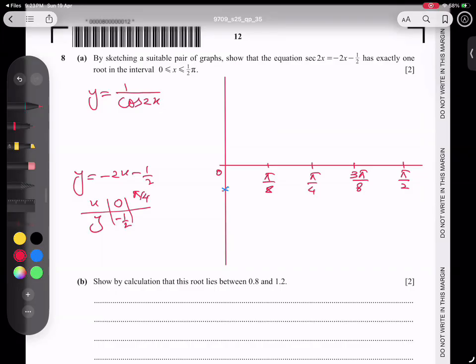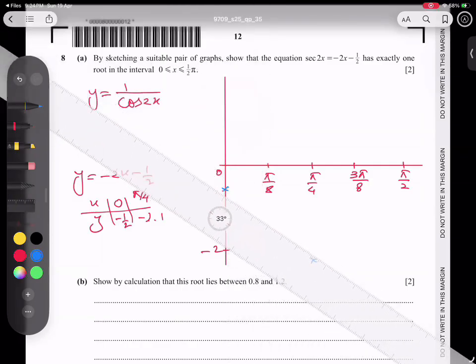I'm getting something like negative 2.1. I've taken this as half, this is 1, and this is 2. So I can take a point somewhere here. So this point. And now I'm going to sketch the line.